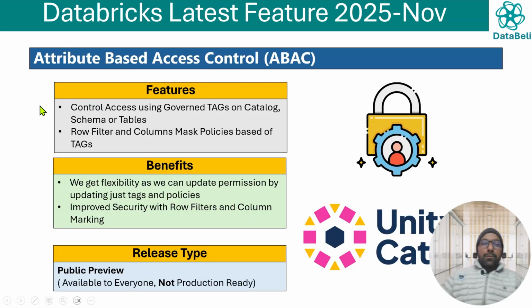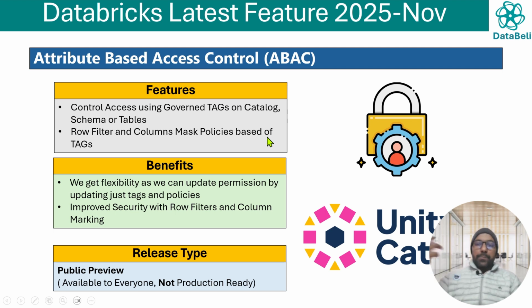Next feature is about security and governance, called attribute based access control. Here we control the access using governed tags on catalog, schema or tables. We can use these tags to apply row filters or column masks, and define policies based on tags.